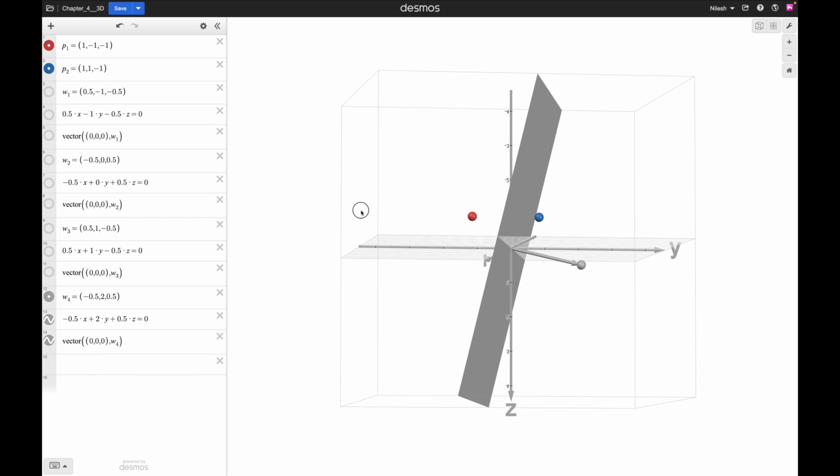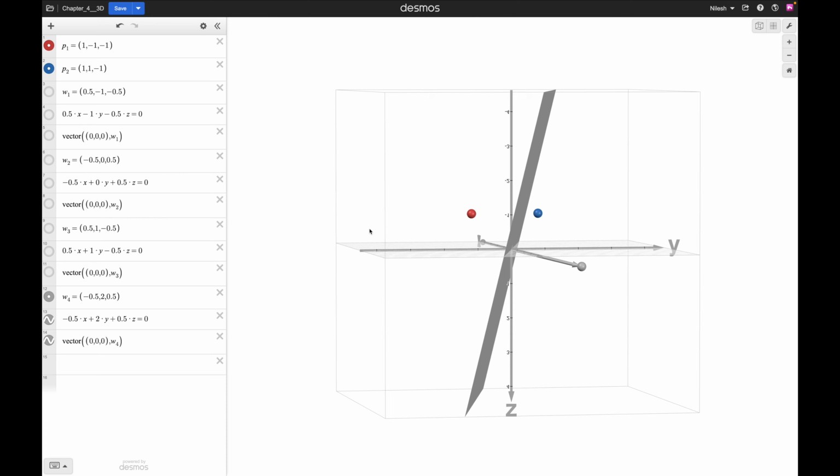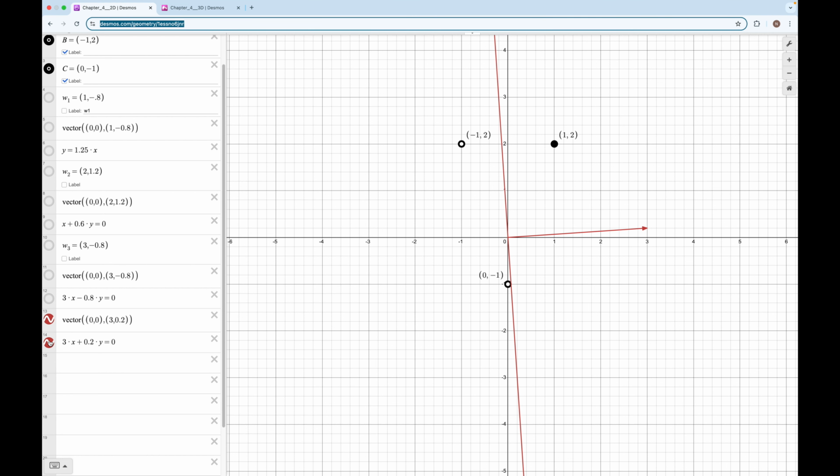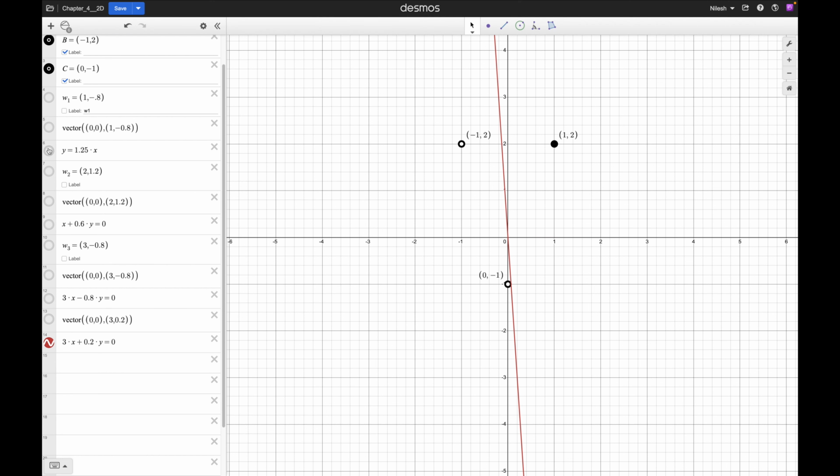So this is how we can think about training a neural network: we are moving our decision boundary. We are continually updating the value of w to find a decision boundary that allows us to classify the data points correctly.